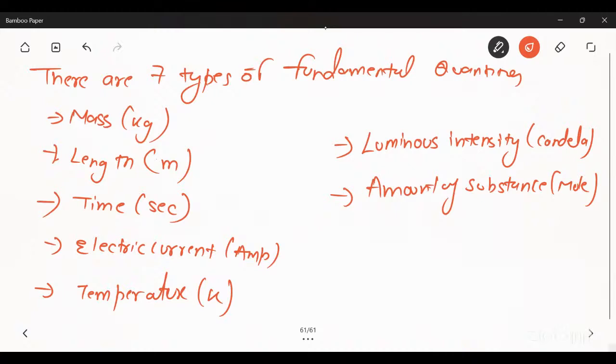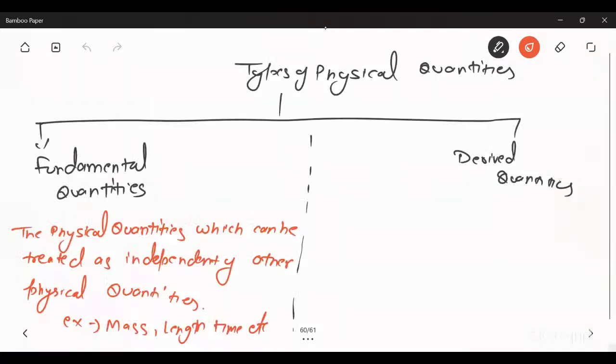Okay, so these are the seven types of fundamental quantities. Now come to the derived quantities. Derived quantities are those quantities which require other quantities for their derivation.